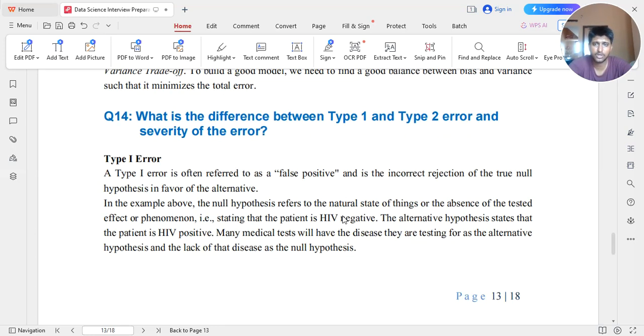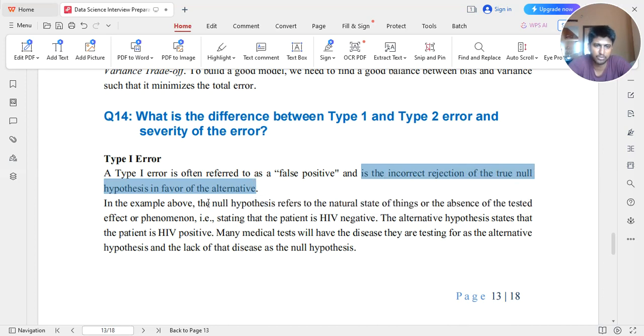Okay, so now there will be another question: what is the difference between type 1 and type 2 error, and the severity of the error. Type 1 error is also referred to as a false positive, and it's an incorrect rejection of a true null hypothesis in favor of the alternative.